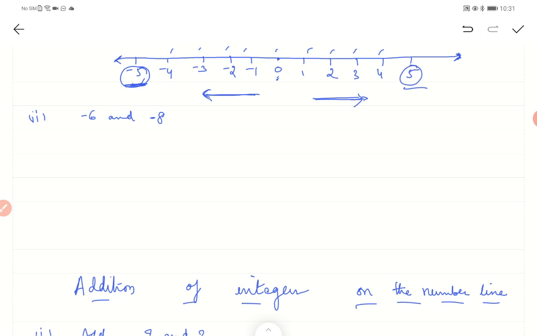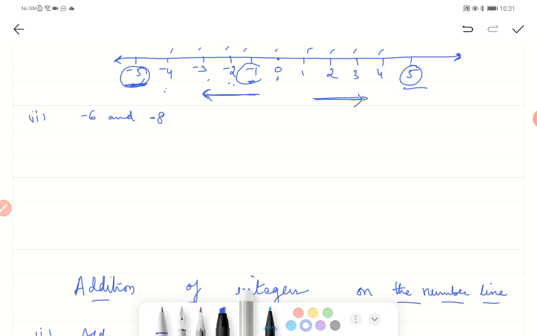Minus 5 is less than minus 4, minus 4 is less than minus 3, minus 3 is less than minus 2, minus 1. So between minus 2 and minus 1, minus 1 is greater. I hope you remember this, and there's nothing difficult in remembering these things.